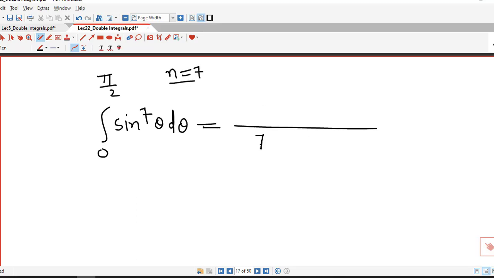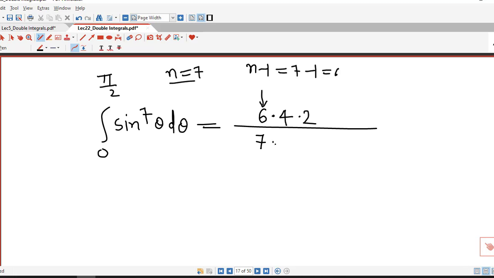So in the denominator we start with 7, and in the numerator we start with n minus 1, that is 7 minus 1, which is 6, and then we multiply with those integers which are obtained by subtracting 2 from its previous number. So if we subtract 2 from 6, we obtain 4. If we subtract 2 from 4, we obtain 2. And I stop here because my first number is even.